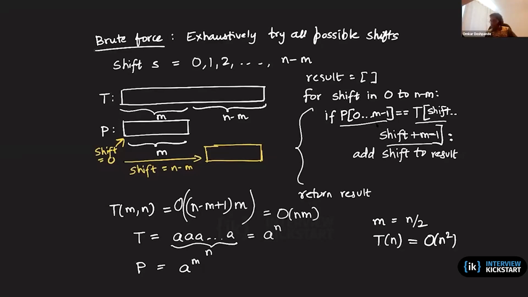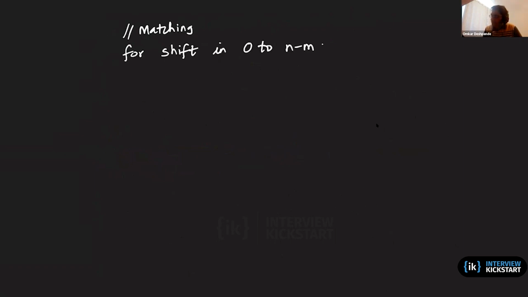For shift in the range from 0 to n minus m, if the p-value is equal to the t-value, then we know it's a match.